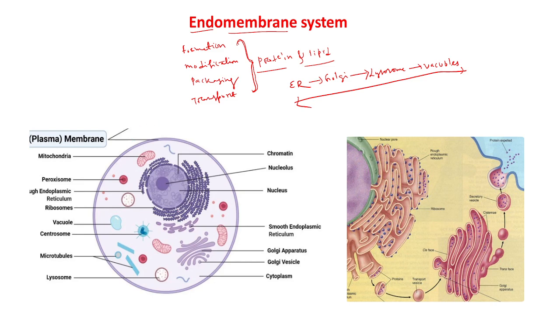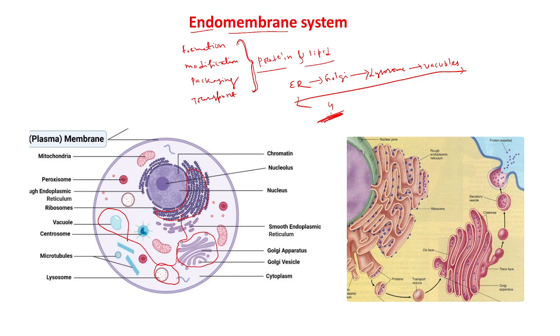This is the ER. After the ER comes the Golgi complex, then the lysosome, and then the vacuole. That's why the endomembrane system includes these four organelles.